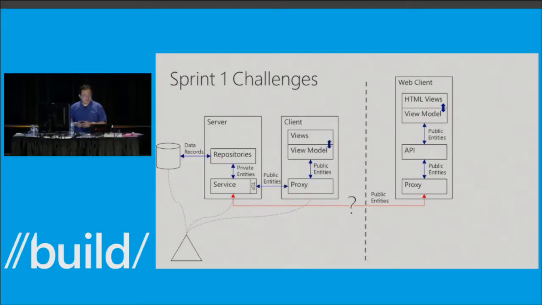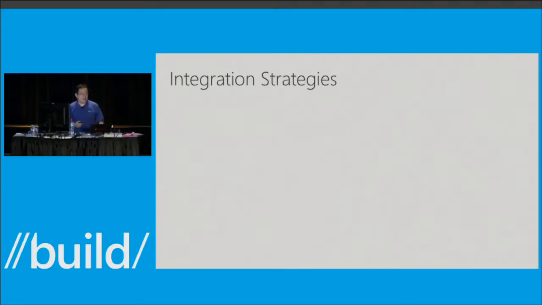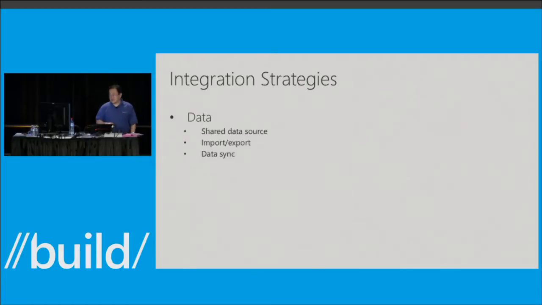And in terms of integration, there are actually different strategies. They can be roughly categorized into 3 buckets. The first is to integrate at the data layer. This is what we commonly see in a lot of enterprise environments, such as shared data source, meaning multiple applications that share the same database or the same data source.